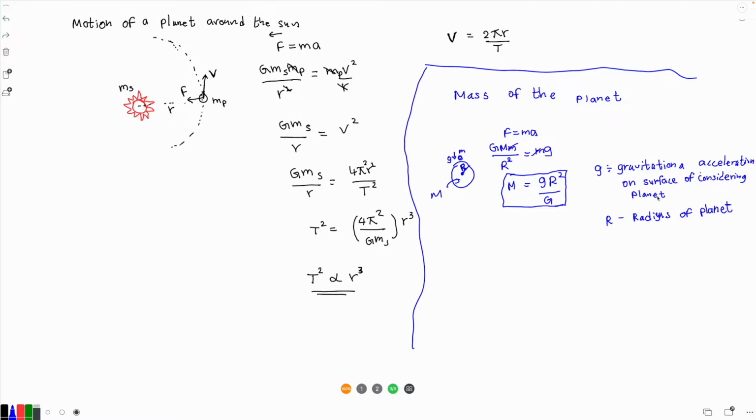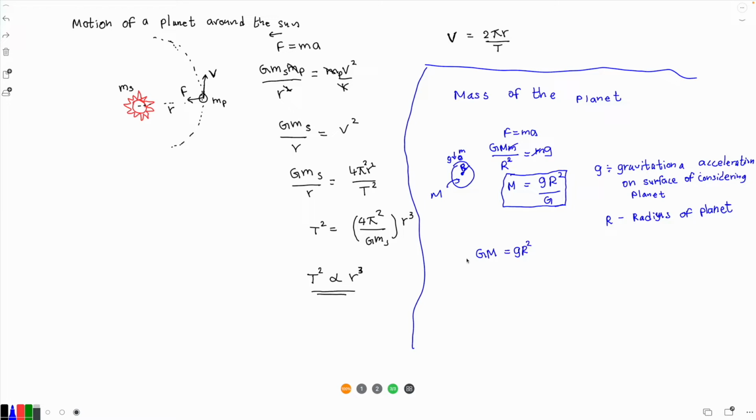anywhere, anytime, right? So it is a constant, so as g and R squared vary, you can find the mass of any planet, right? So this is the equation, and by this relationship we get a very famous substitution, GM equals gR squared.